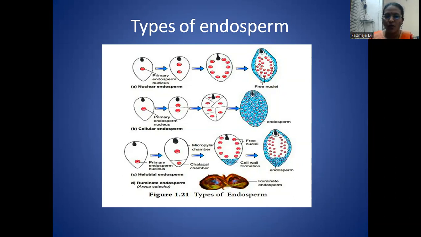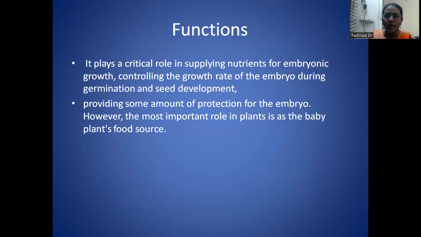And what are the functions of this endosperm? It plays a critical role in supplying nutrients for embryonic growth. The embryo is present in the embryo sac. This embryo has to divide, redifferentiate, and give a plant.